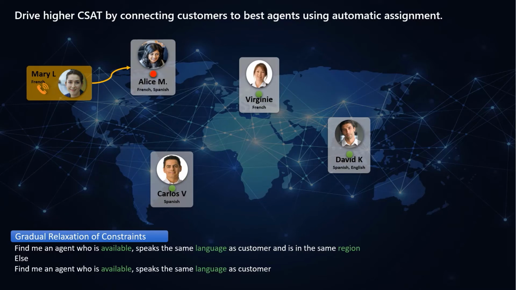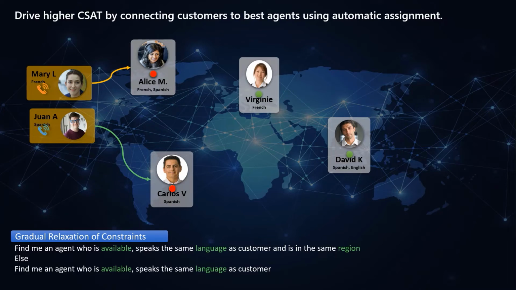Now Alice, the North America agent, is actually unavailable, blocked on a different call. Let's see what happens if Juan, who is also a North America customer but speaks Spanish, comes. In this case, technically the best agent would have been Alice, who is in North America, but she is busy. So what happens?